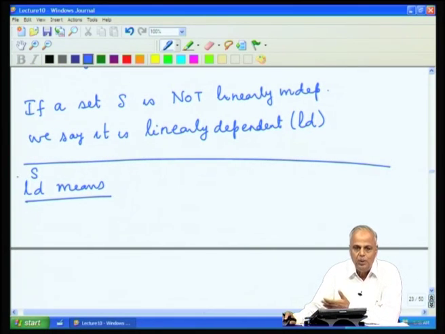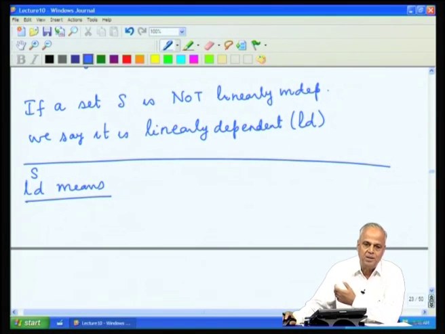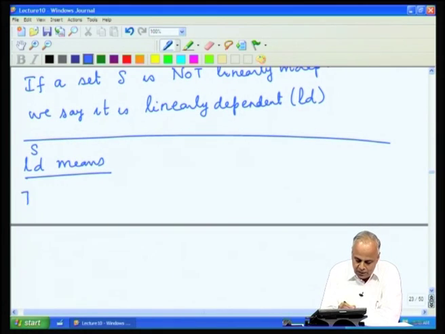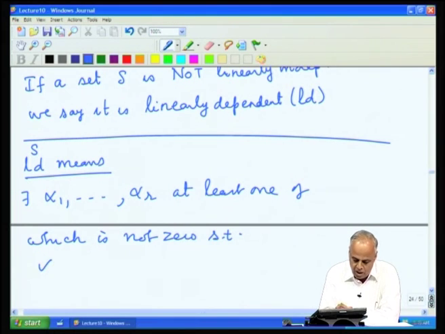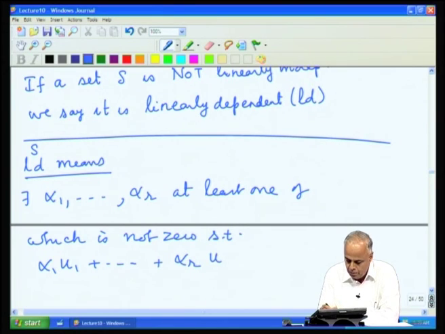Linearly independent means only trivial will give 0 vector. Not linearly independent means non-trivial will also give 0 vector. Means there exist alpha 1, ..., alpha r, at least one of which is not 0, such that alpha 1 u 1 plus ... plus alpha r u r equal to theta v.